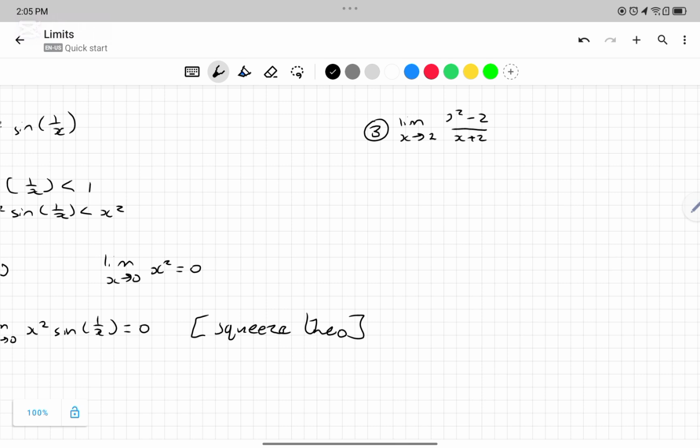So what we are going to get here, let me substitute just to show what we're going to be getting: 4 minus 2 all over 2 plus 2, which is equal to 2 all over 4, which is equal to 1 over 2. So that's our solution.